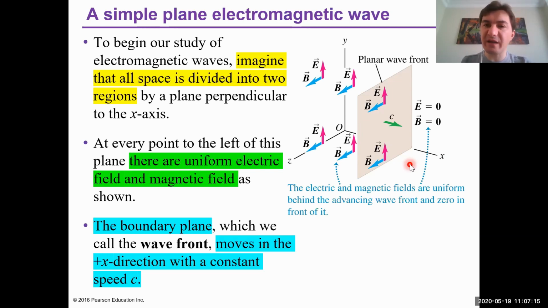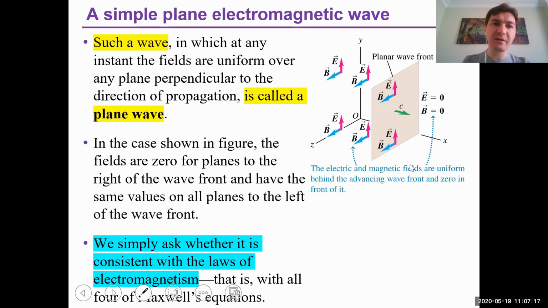We start with that definition, okay? So now, if the electric field and magnetic field are uniform and perpendicular to each other and perpendicular to the direction of propagation, this is the direction of propagation, this type of wave is called a plane wave, okay?